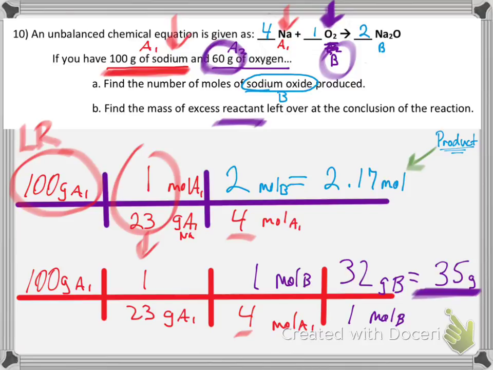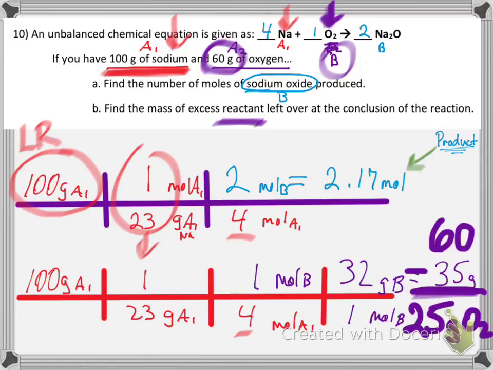I know that I used up 35 grams, and I know most of you are thinking it. We're going to subtract. We got to take the 60 grams that we had minus the 35 that we're going to use as calculated by the limiting reactant, and that means we finish with 25 grams of O2 in excess. And that's your answer for B.